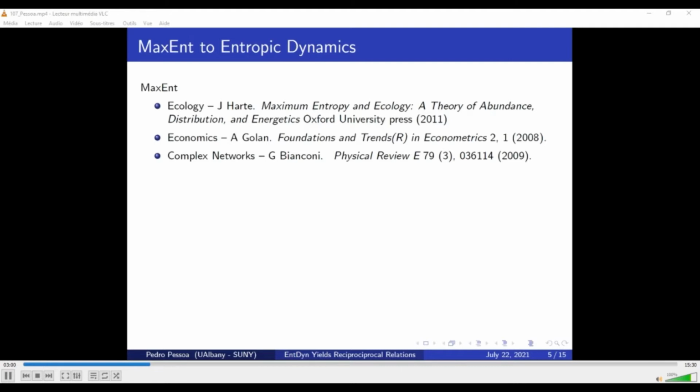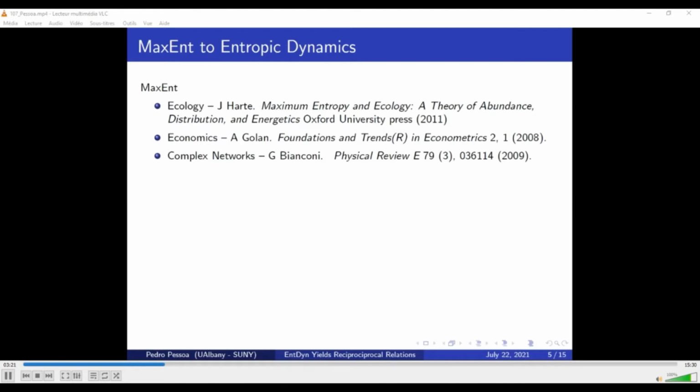A few examples: it has been applied to ecology, as in the work of John Harte, to economics, as in the work of Amos Golan, and complex networks, as in the work of Ginestra Bianconi, and there are far more examples.